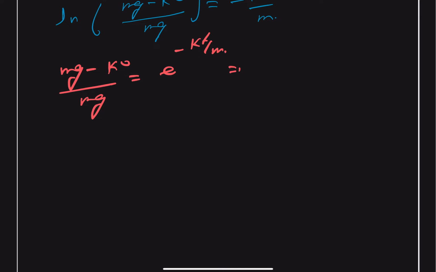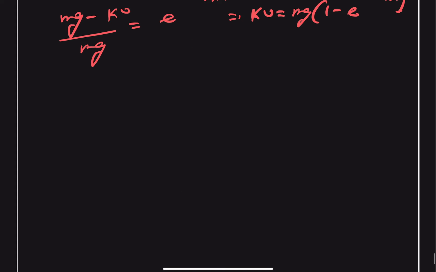Okay, so this comes as kv is equal to mg times 1 minus e to the power minus kt upon m. So therefore the velocity vt is equal to mg upon k, times 1 minus e to the power minus kt upon m.